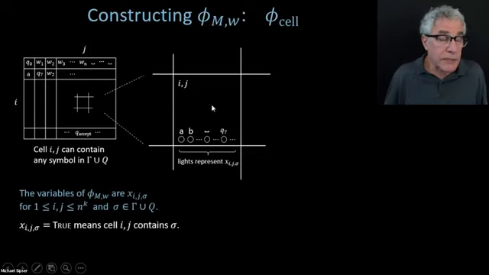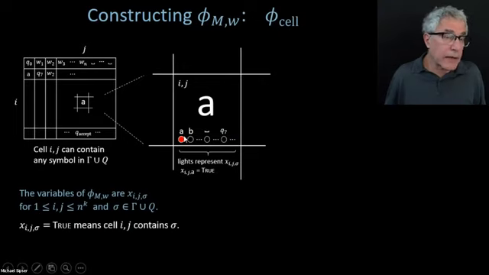So all different possible sigmas. So this is gamma union Q. Okay, so now if I have an a in that cell, then the variable x_ij,a is true.